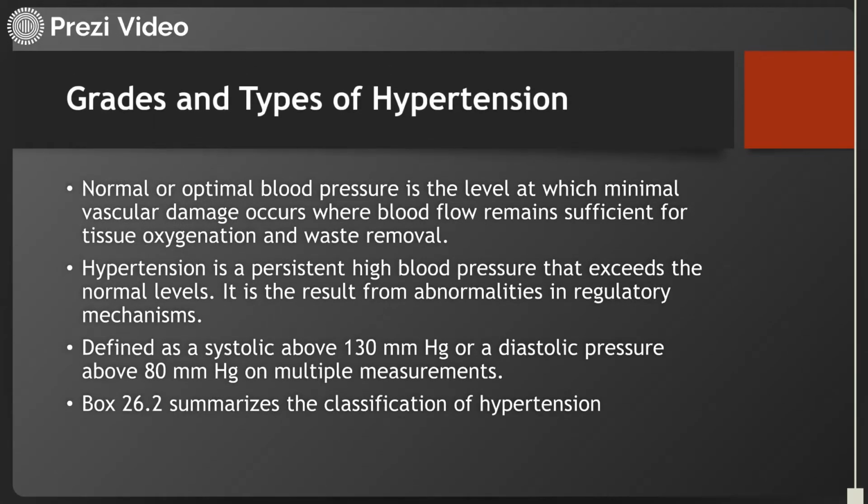So there are grades and types of hypertension. Normal, or what we call optimal blood pressure, because we all are different. Like my normal blood pressure usually runs anywhere from 106, and sometimes I can go all the way up to 125. I think it just depends on if I'm in stress or if I haven't eaten well or I've been eating a lot of salty foods and things like that.